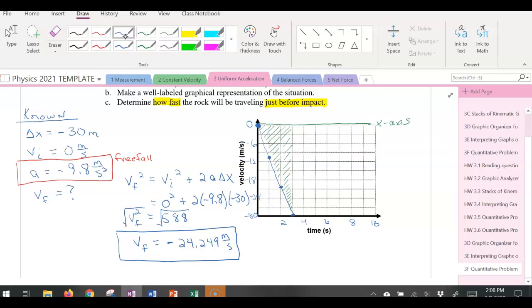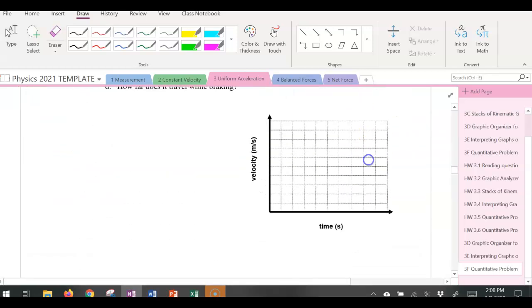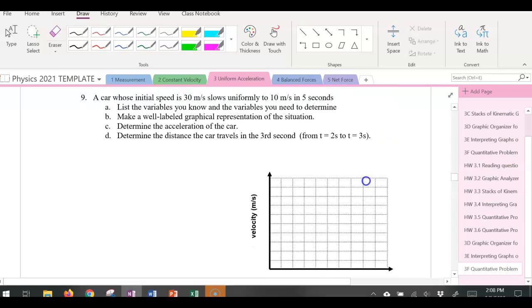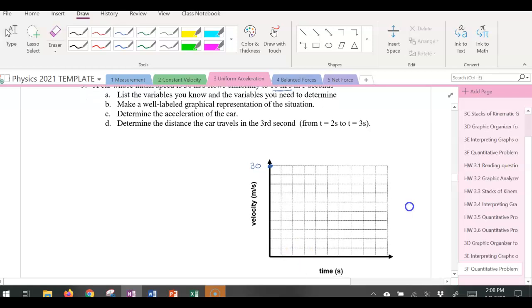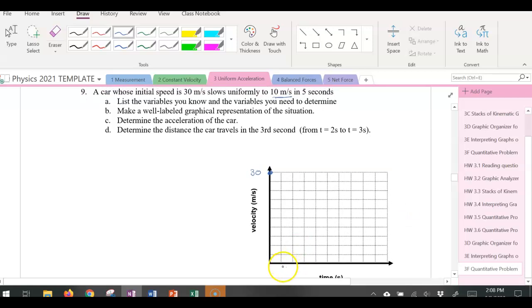Okay, and let's look at one final problem. I want to look at number 9. Here we have a car whose initial speed is 30 meters per second and slows down uniformly to 10 meters per second in 5 seconds. So this would be 6, 12, 18.